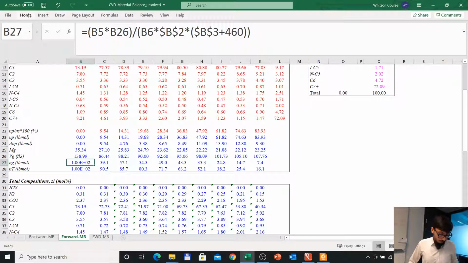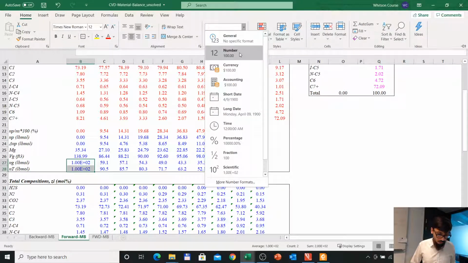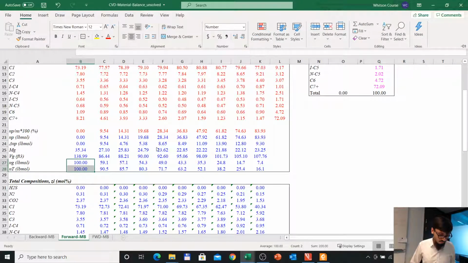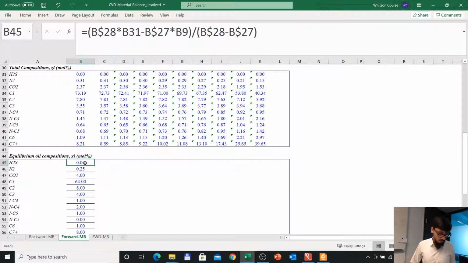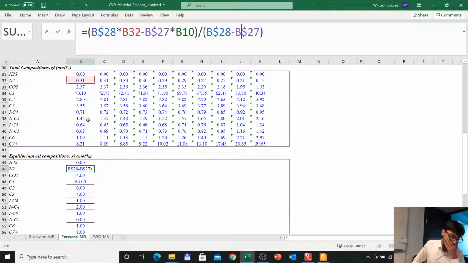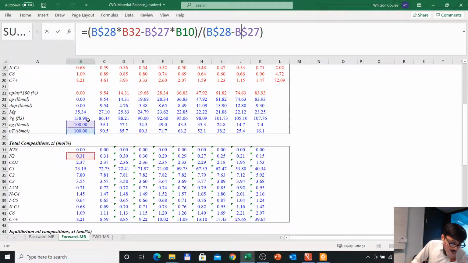That's strange. Why that composition? For this component nitrogen, why do we have a composition? Because this numerator, it is B28 minus B27, that should be 0.